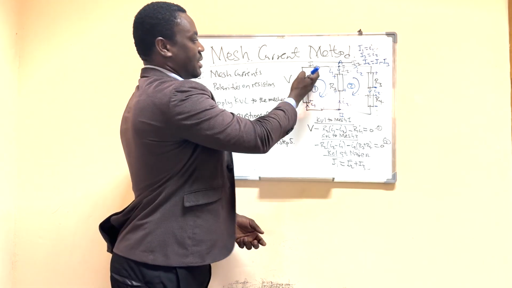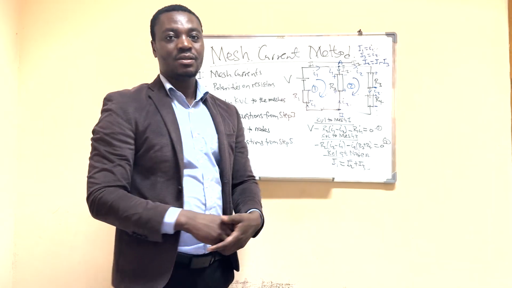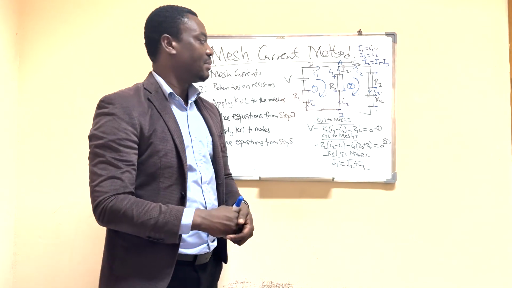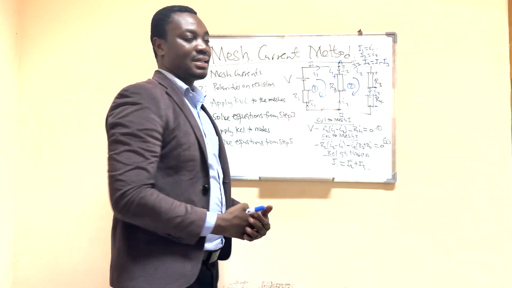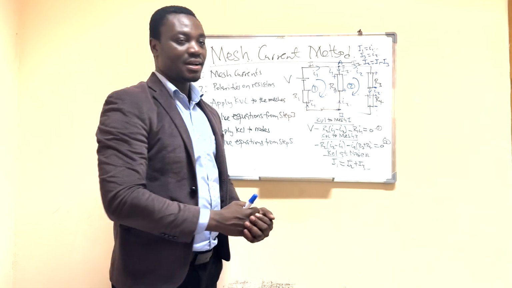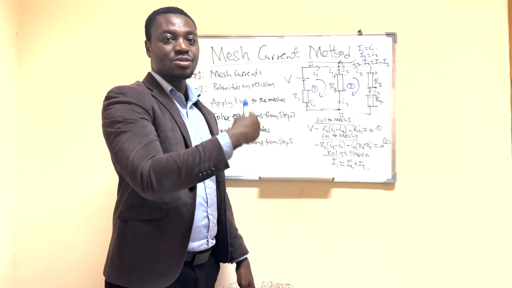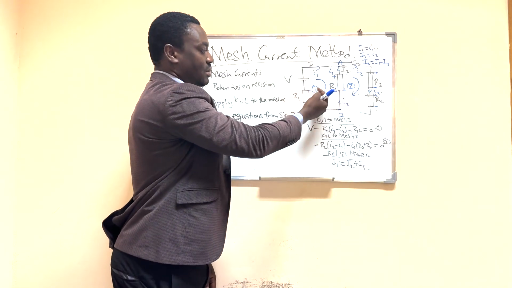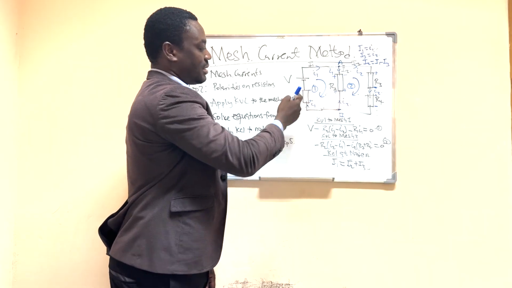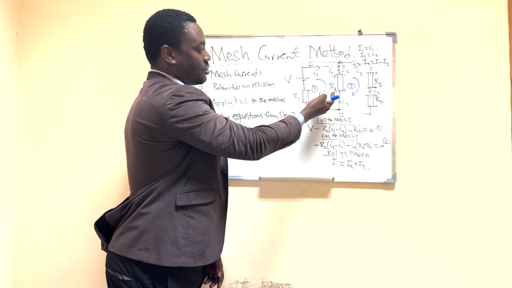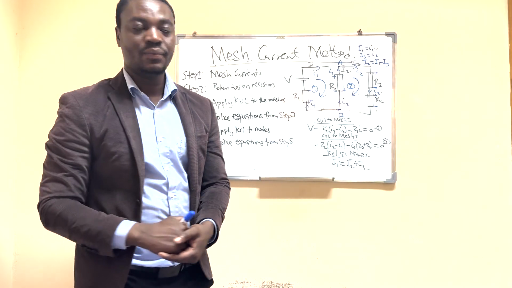I'm going to assign I1 here, small letter i1, as the loop current or the mesh current, meaning the mesh current is passing through all the resistors that are in loop 1. I have here in loop 1 two resistors, R2 and R1, so you can see my mesh current is passing through R2 and then R1 as well.